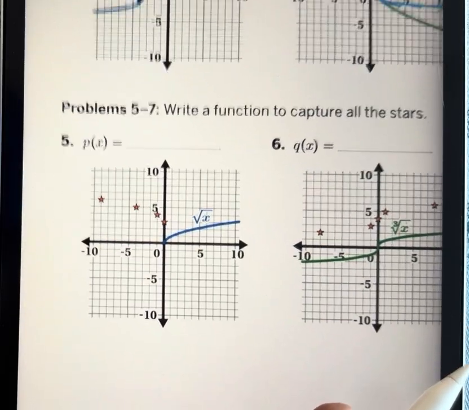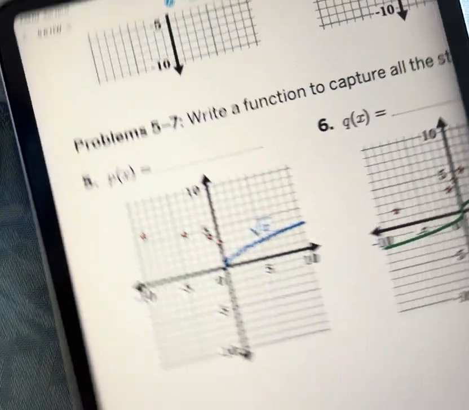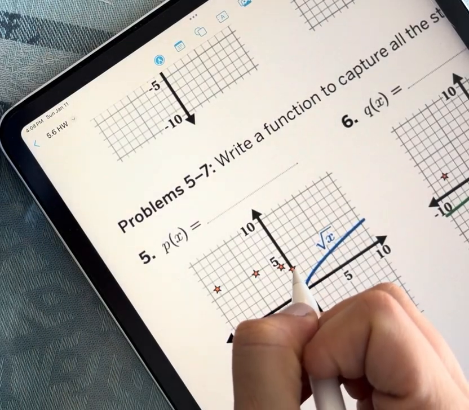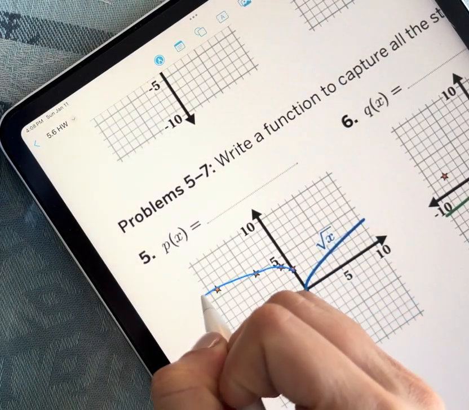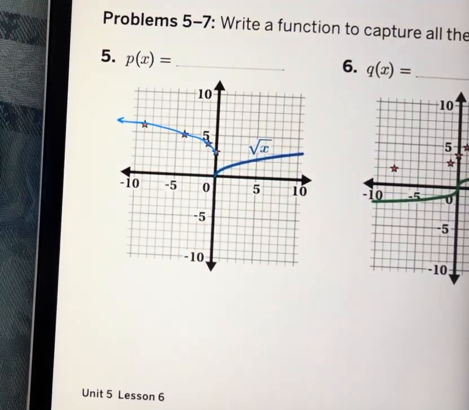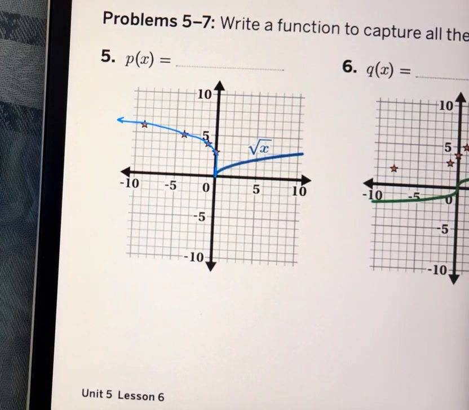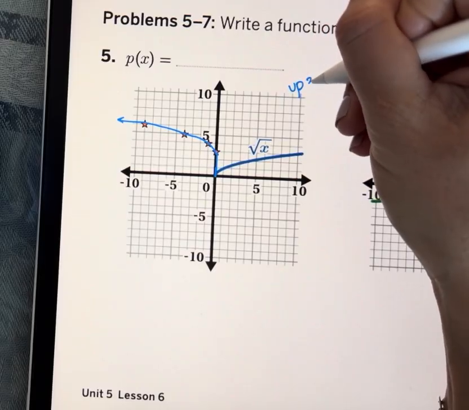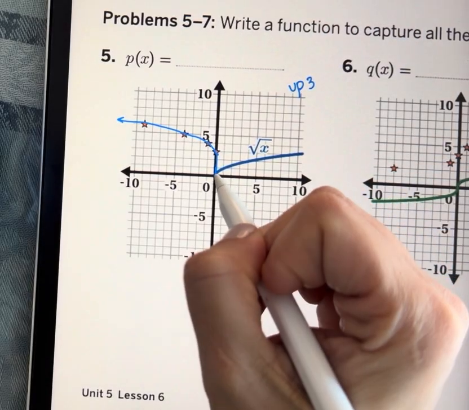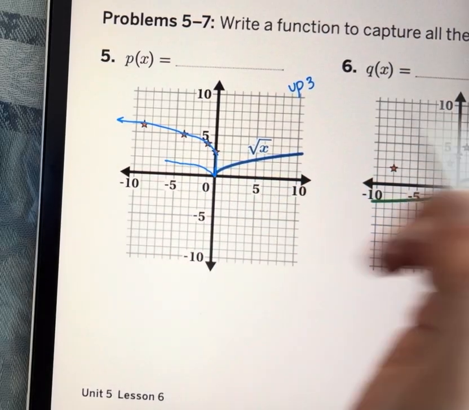Now we're going to write a function that would capture all these stars. So I'm just going to put a line through the stars and try to come up with that function, because it works in Marble Slide if you do that. So we go up 1, 2, 3. We need to go up 3. We definitely need a horizontal reflection.